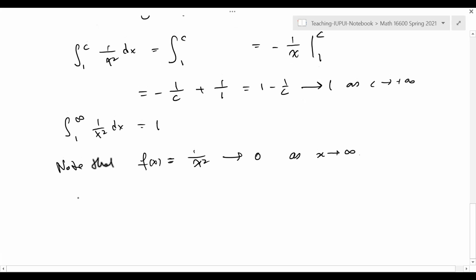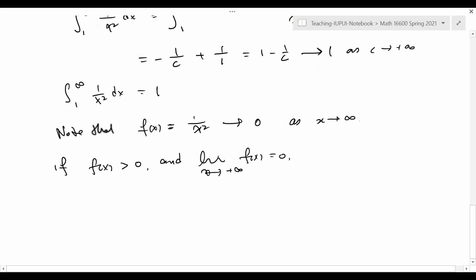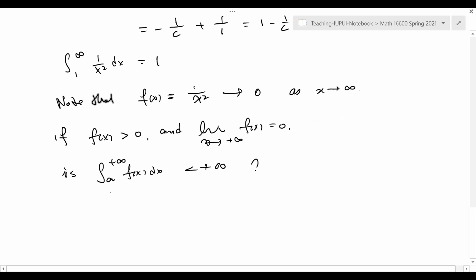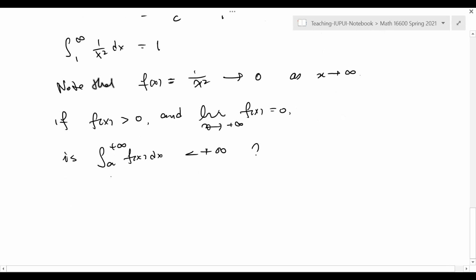So my question is, if f of x is positive and the limit as x approaches infinity equals 0, is the integral from a to positive infinity finite? I know the limit must exist. Is this limit finite?